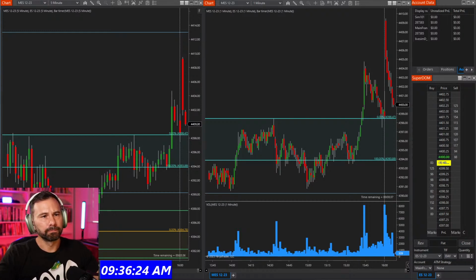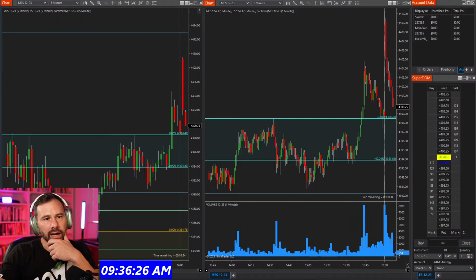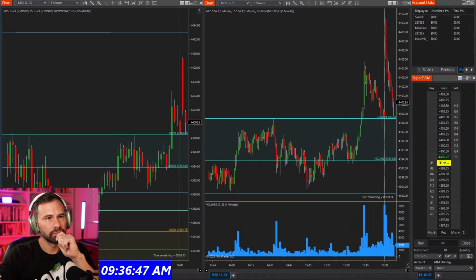I think we need to see how the market behaves at 43.99, which is yesterday's high volume node, and that's a potential area for it to bounce. I think it's a chance to go up here. Seven would be really nice.